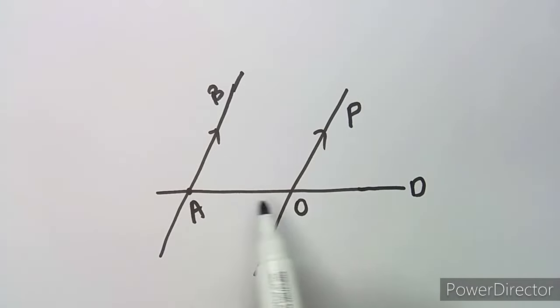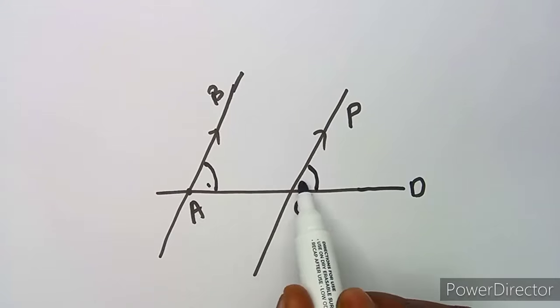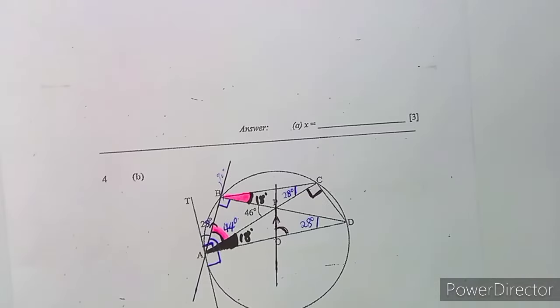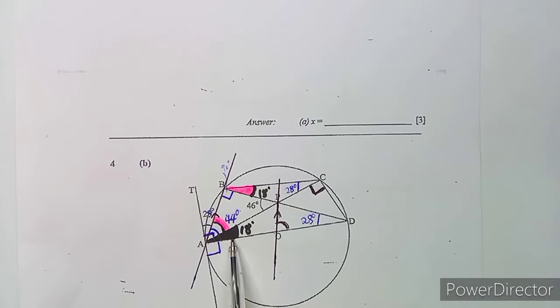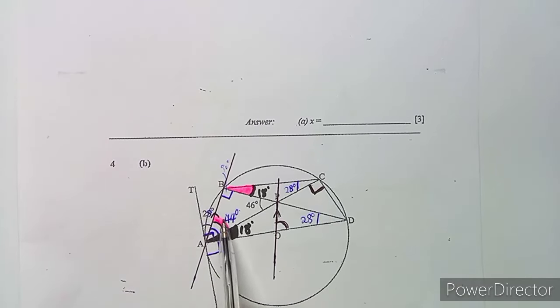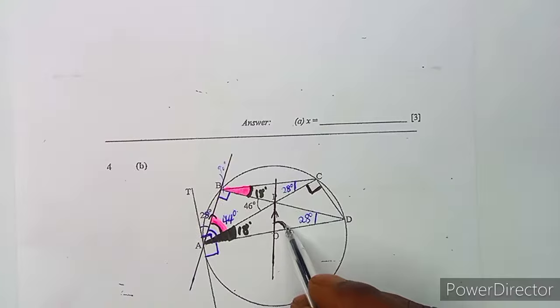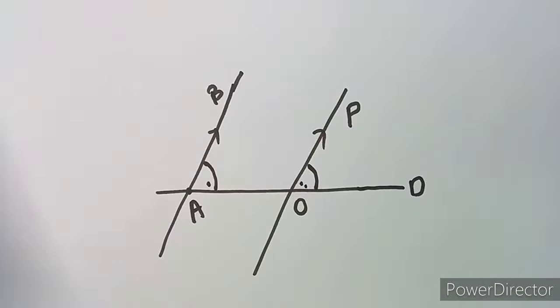So this angle here and this angle here are equal, from corresponding angles. So this angle that we want to calculate corresponds to this whole angle of 44 and 18, inside the parallel lines. So that is your POD in this case.